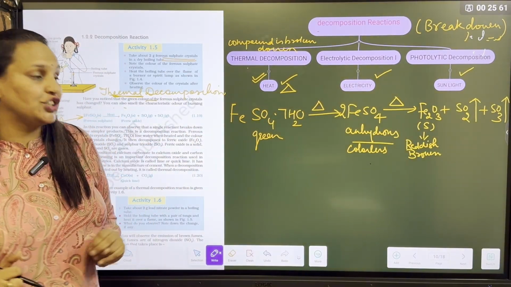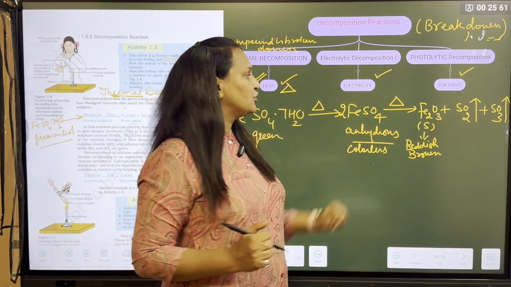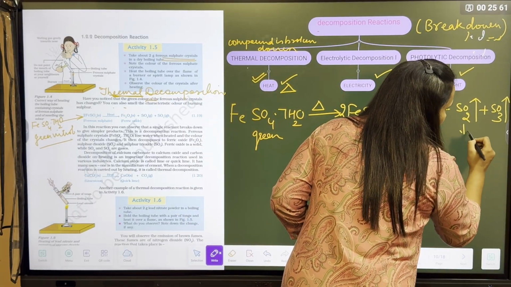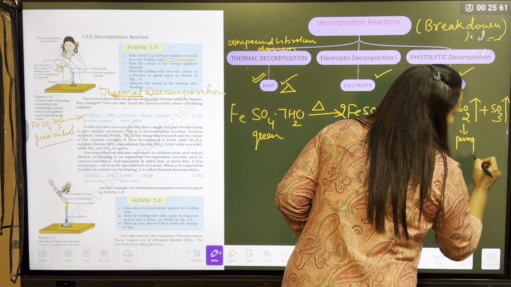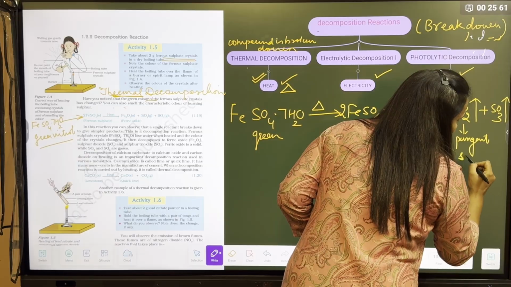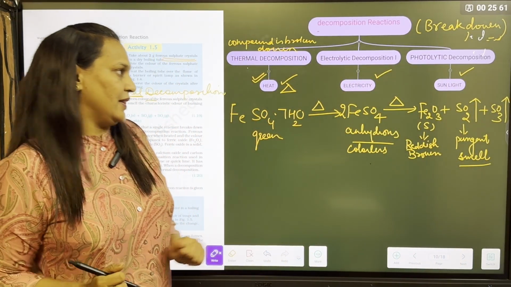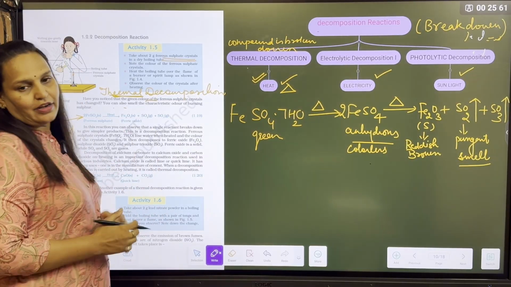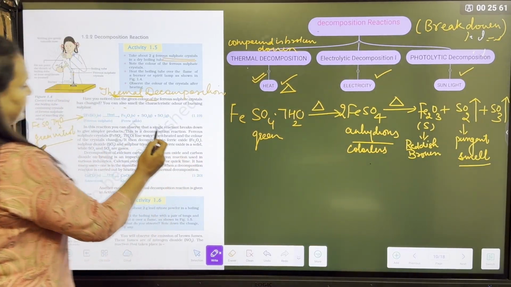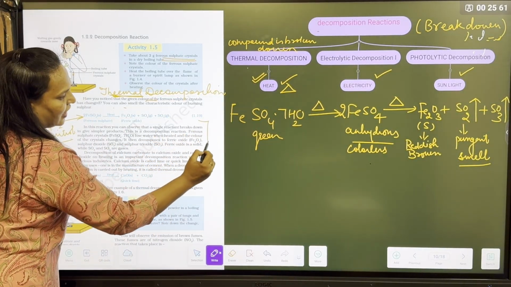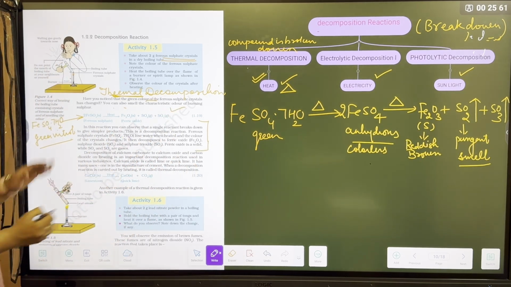Write any 2 observations. First observation, reddish brown solid. Second observation, pungent smell. Which compound gives you pungent smell? SO2. So this is one of the very important questions. It is written here in detail; I have just explained in one line.